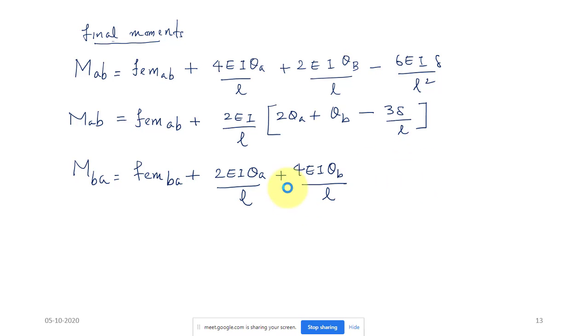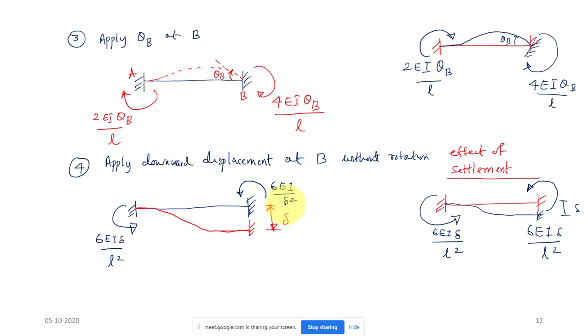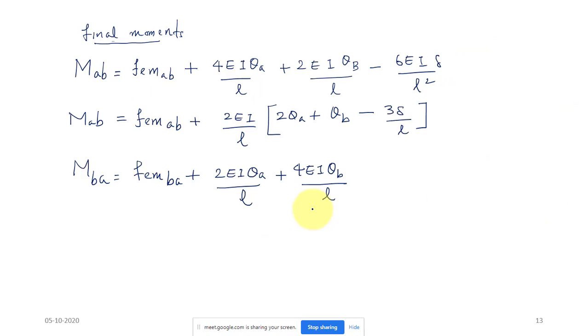And in the final stage, again it is anti-clockwise, so minus 6EI delta by L square.